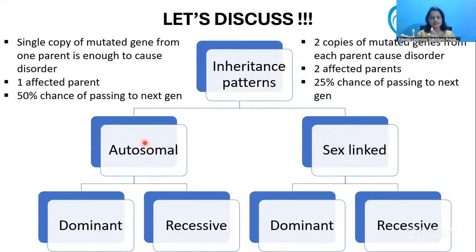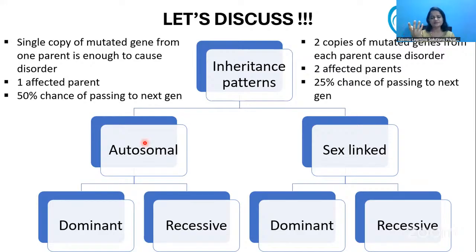In the recessive pattern only, there will be presence of carriers. It will not be fully expressed, but that mutated gene is present inside the body of an individual. The carrier may not be showing any symptom of the disease.